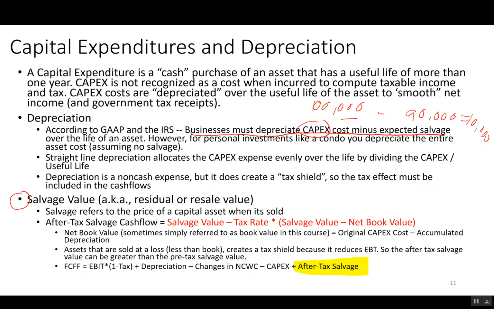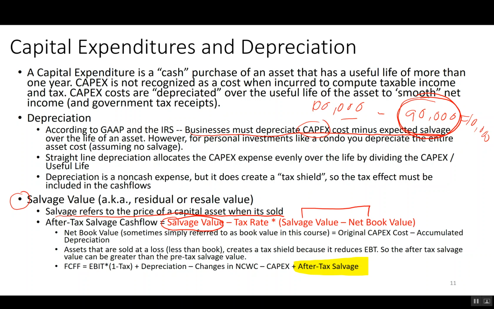Now, salvage value. It's the price of that capital asset, that CapEx, when it's sold. The price we're going to get when Sally and Dave sell the condo is $90,000. However, we need to have after-tax cash flows. The after-tax salvage cash flow is what you get for it when you're done, $90,000, minus the tax on the difference between the salvage value and the net book value.